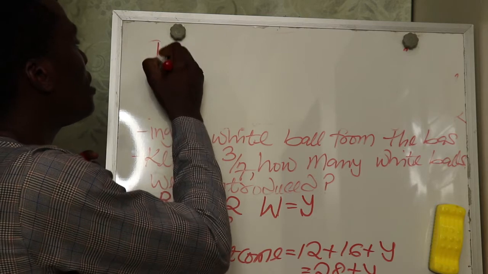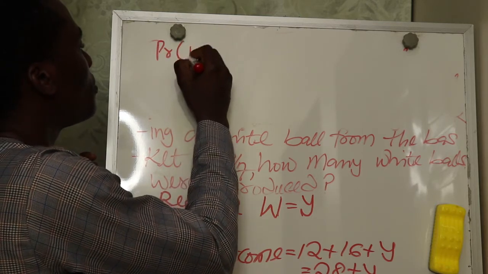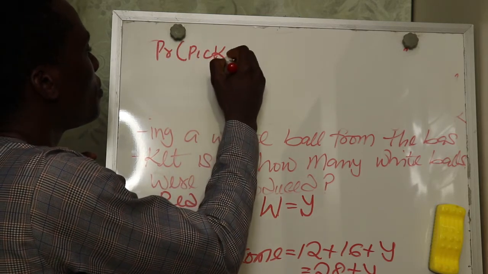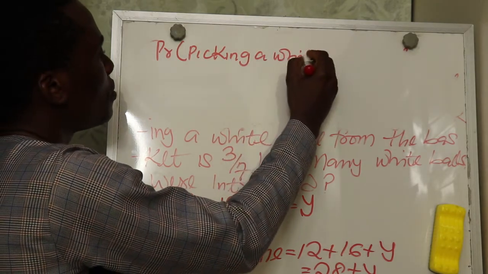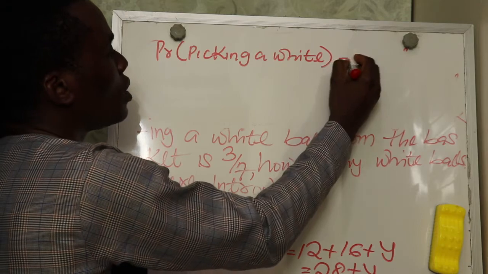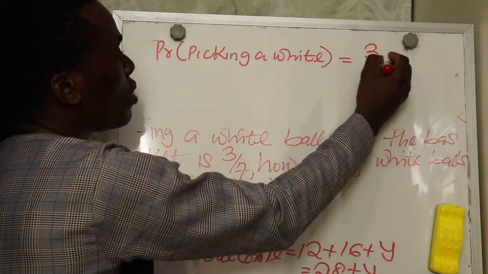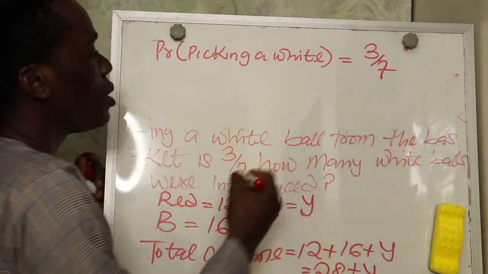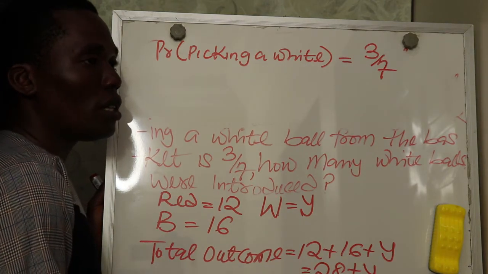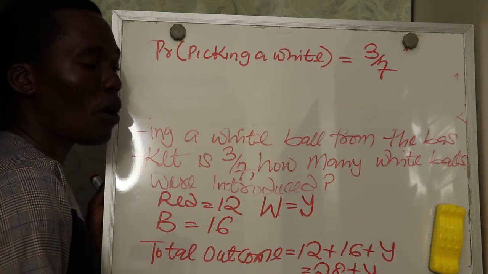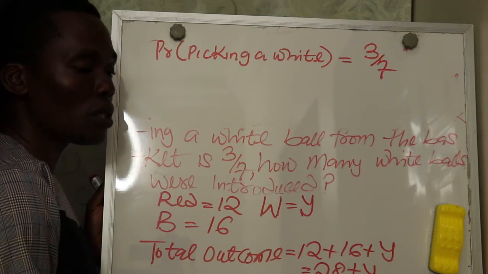Now the probability of picking a white ball is equal to 3/7. Remember, the probability of a white ball is the total probable outcome all over the total outcome.